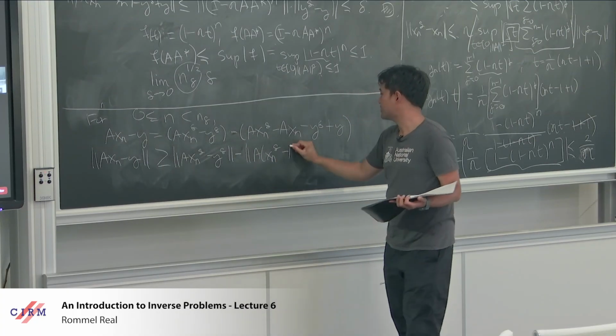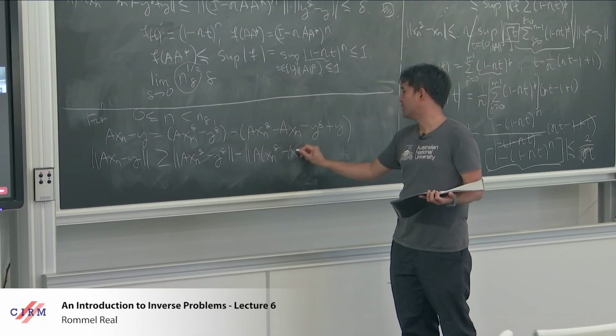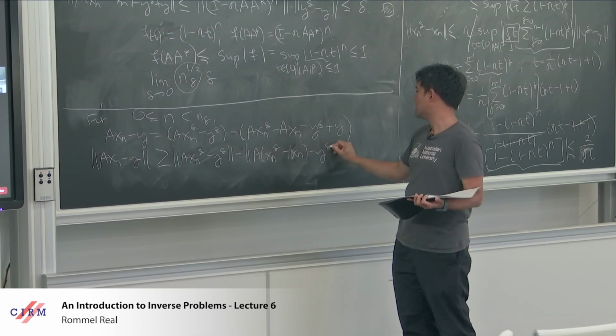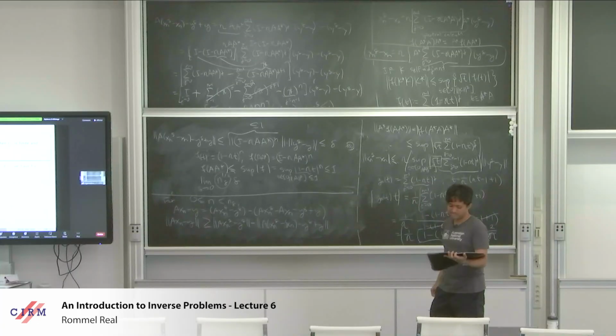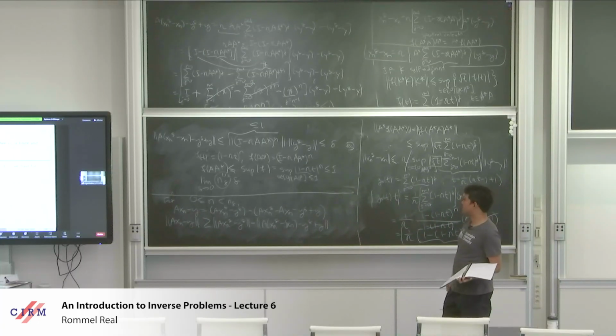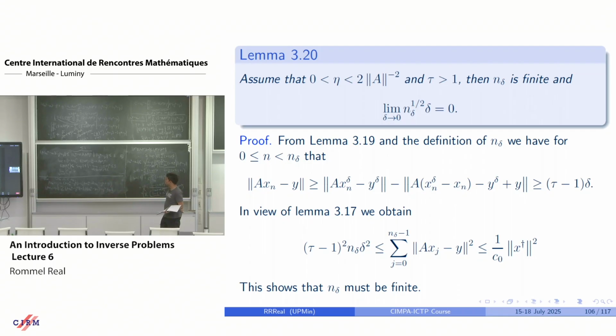And I'll first factor out a over here. Okay, and how does that work? It's from a version of the triangle inequality, which actually looks like this.